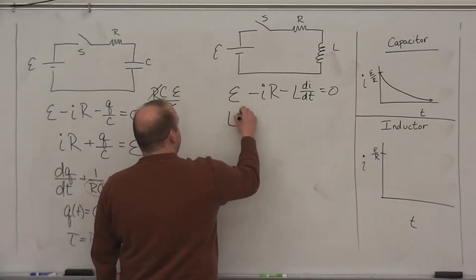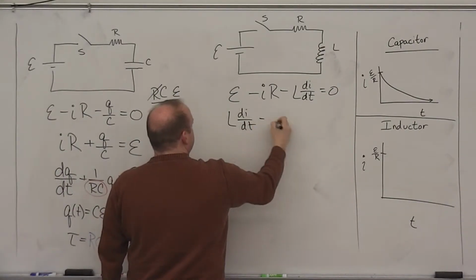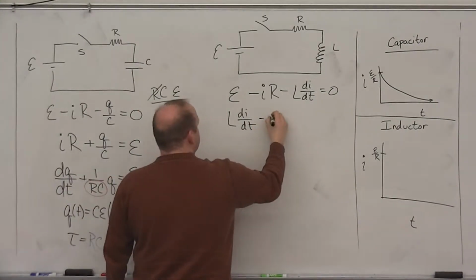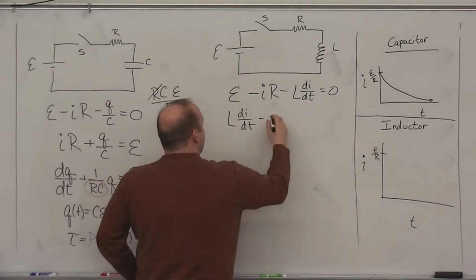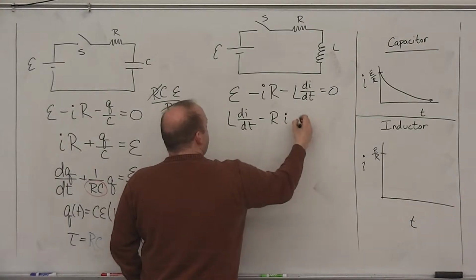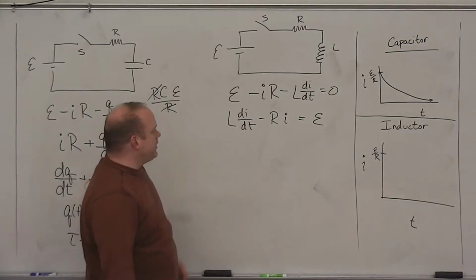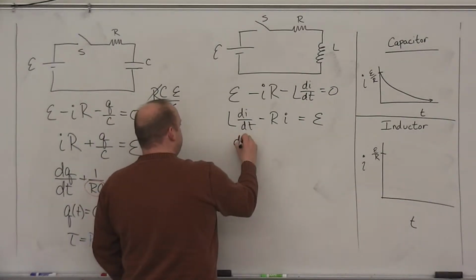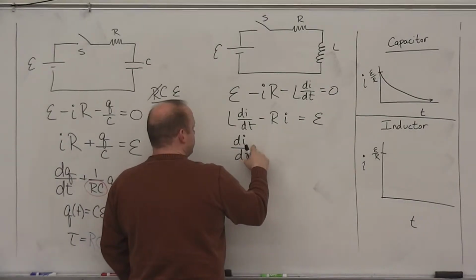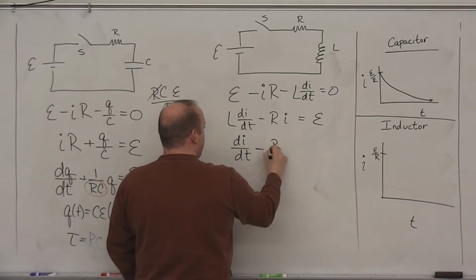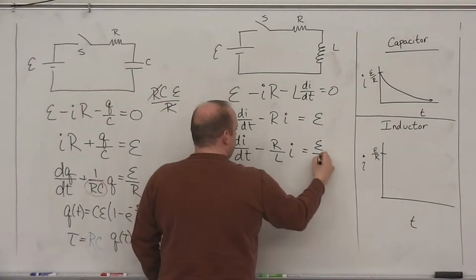So I'm going to have L di/dt minus R times I, and I want to keep that I by itself. I'm going to kick E over to the other side and multiply everything by negative. Now I'm going to divide both sides by L. So di/dt, we're not going to do anything fancy with that. We're not going to call it anything. It's just the rate at which the current changes. Minus R over L times I is equal to E over L.